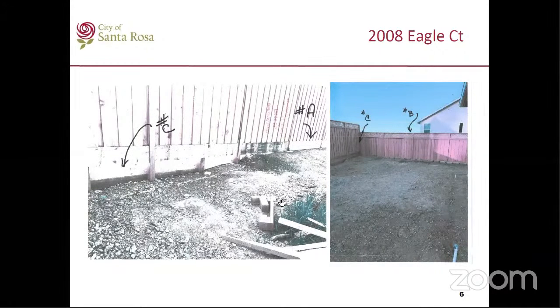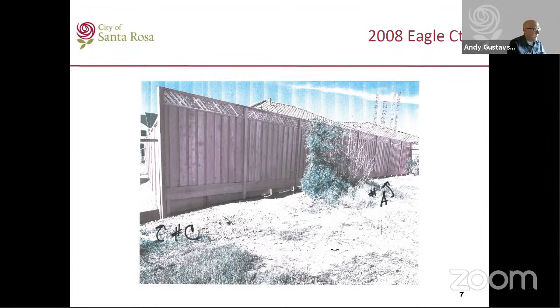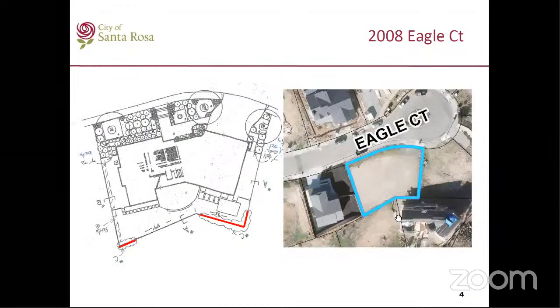And it seems that this side is the neighbor's property, not Mr. Irish's property. And also here. Is that view, number C, taken from the applicant's property or off the applicant's property? It looks to be off because the applicant's property is already constructed, and this is off property. This is probably this neighbor's here.